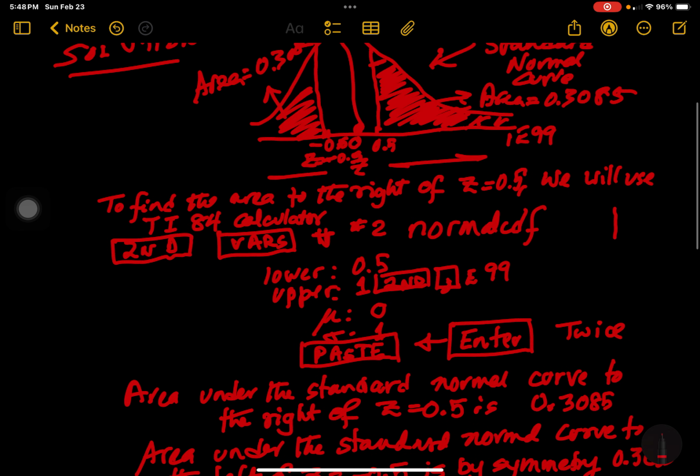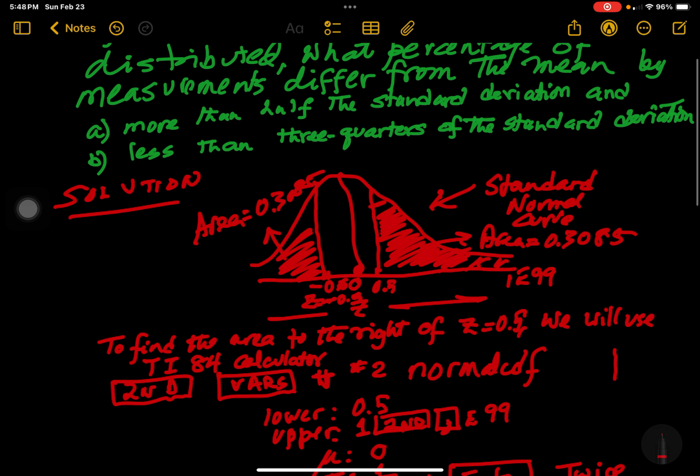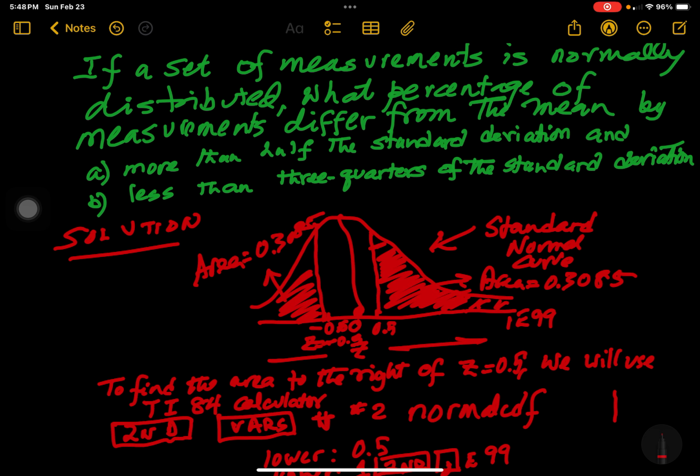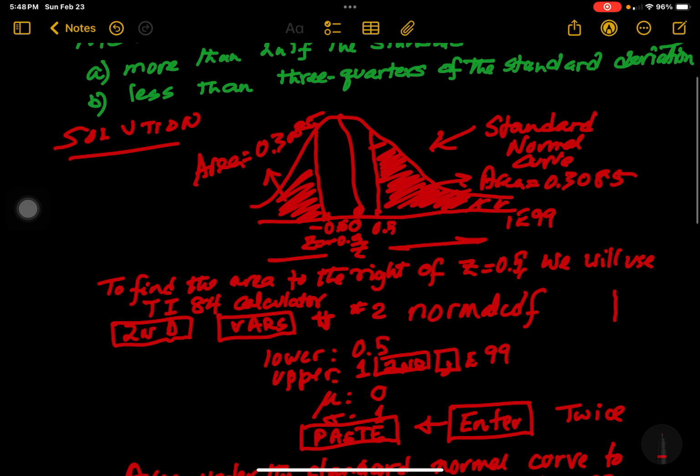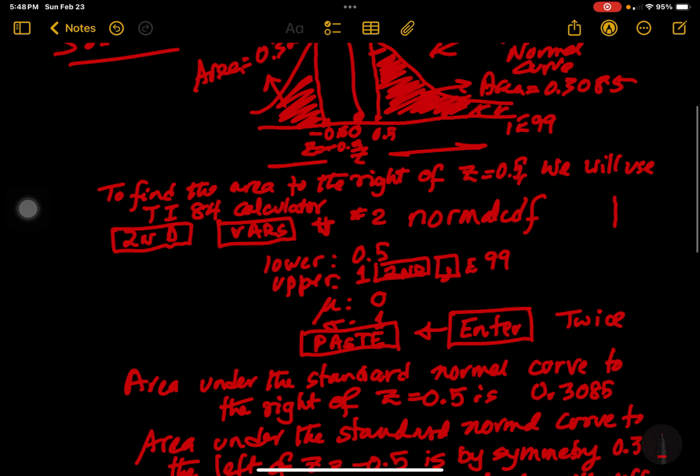So let me quickly go over what it then says. What percentage of measurements differ from the mean by more than half? So we find the area to the right of z-score of 0.5 using the calculator, and it is 0.3085.